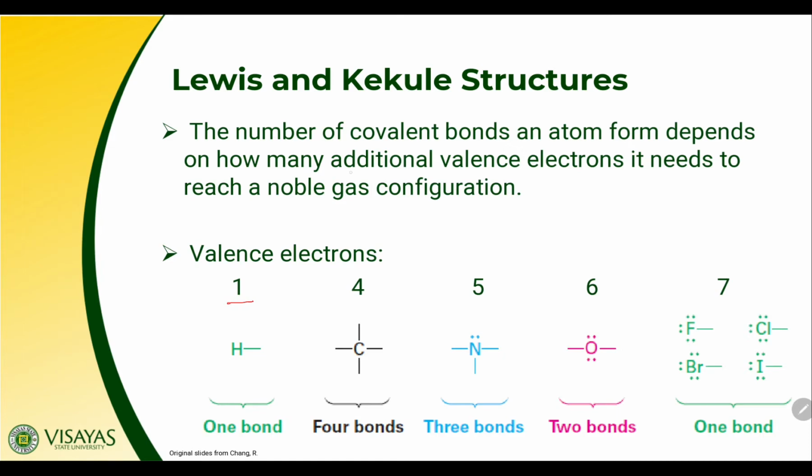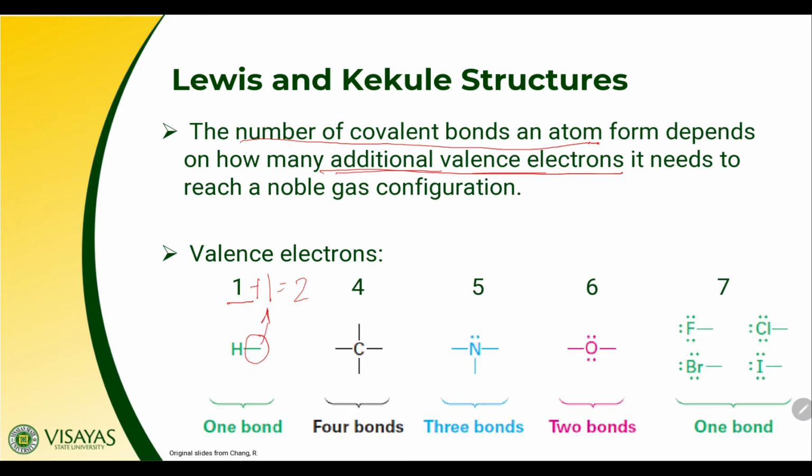Since hydrogen needs 1 additional valence electron to form a duet, it will form 1 bond.